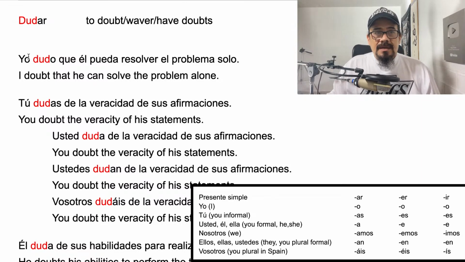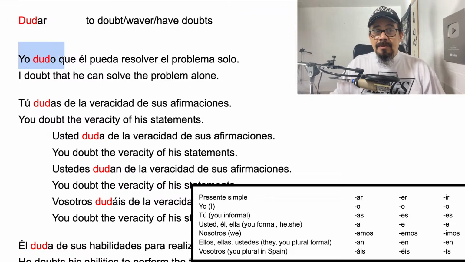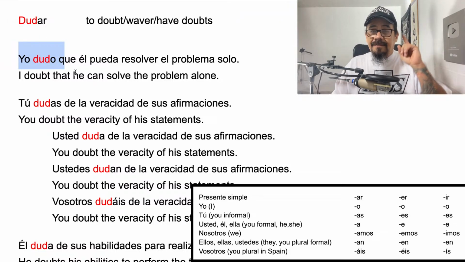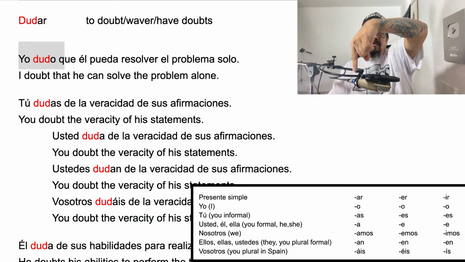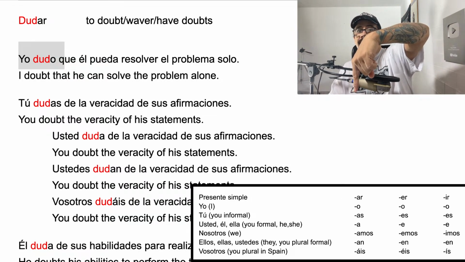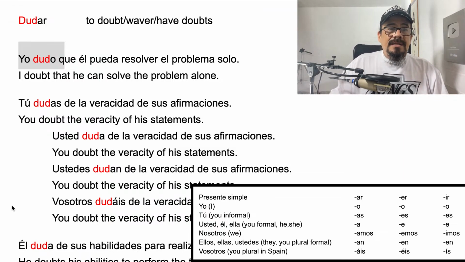So I have yo dudo, as you can see. We're following the first column, all the way down my index finger here. That's the one that we need to follow.